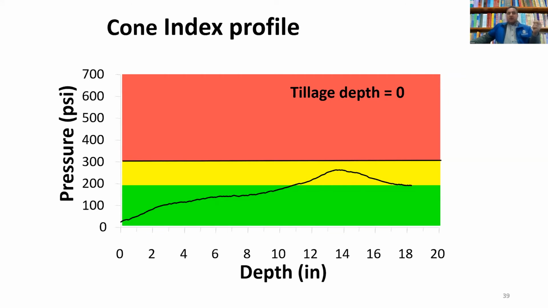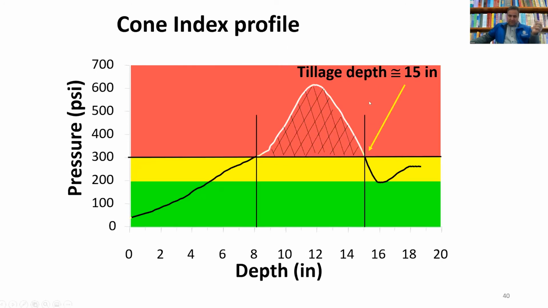If the cone index or soil strength is below 300 psi, the tillage you need is zero. But if you are above 300 psi, you may need to do something about it. As I mentioned, maybe you can use cover crops.